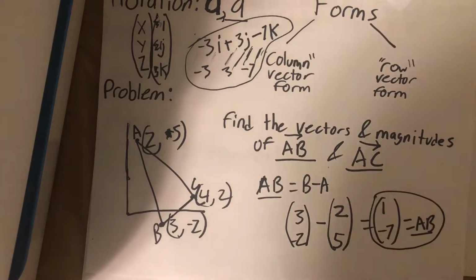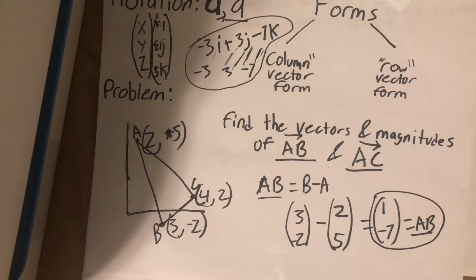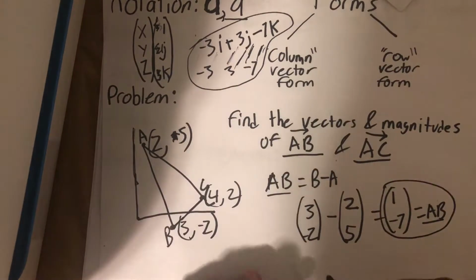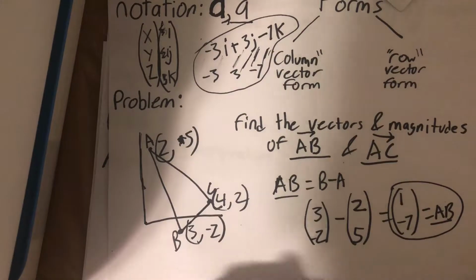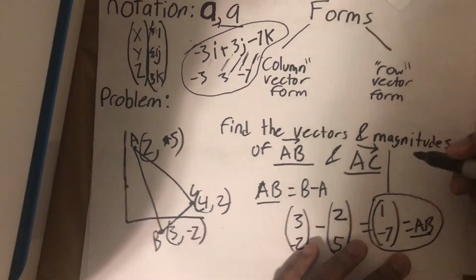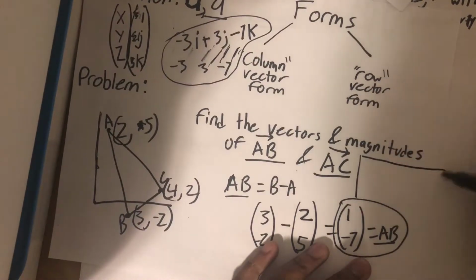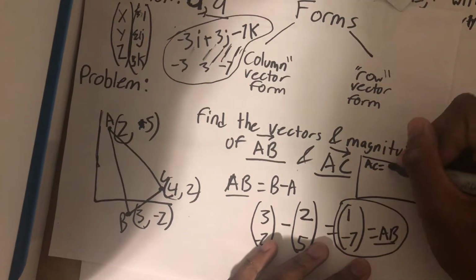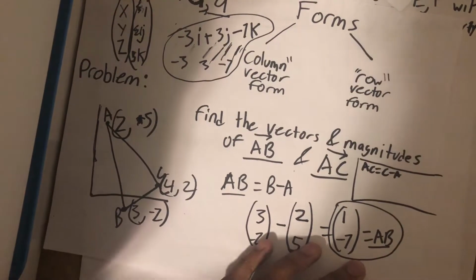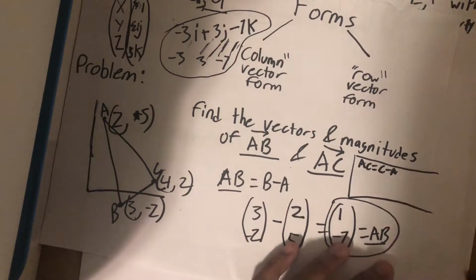And then we're gonna do the same thing with AC. With AC, we're going to look at A. We know AC is equal to C minus A. So then we know what C is.